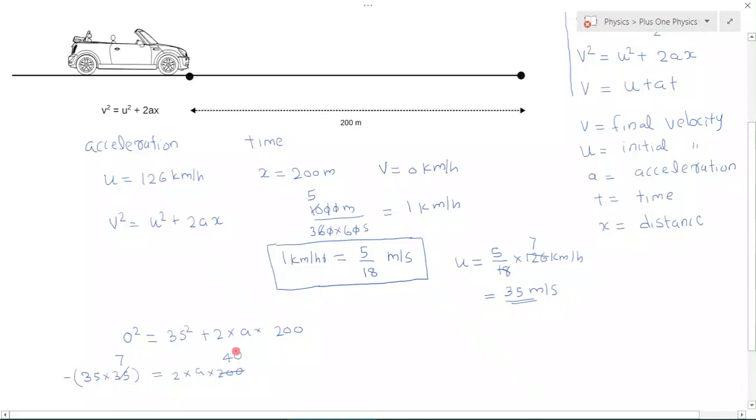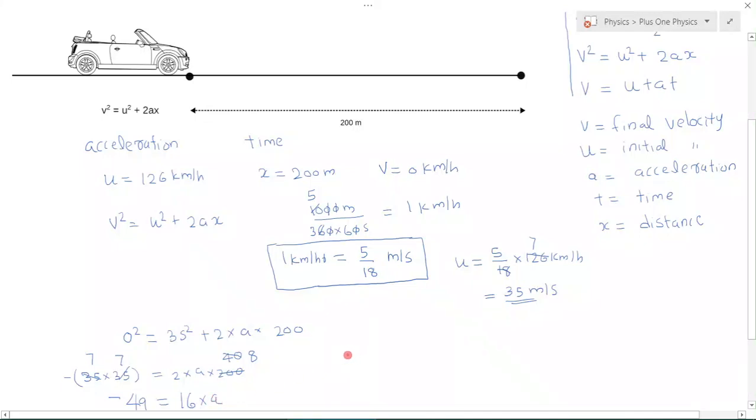Okay, again we can cut 14 and 35 because these are multiples of 7, 5, 5. And 7 times 5 is 35, 8 times 5 is 40. So minus 7 into 7 is minus 49 is equal to 2 into 8, 16 into a.